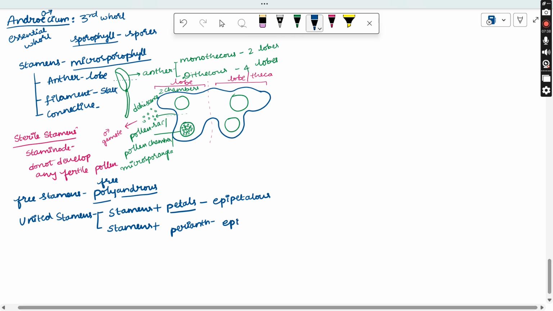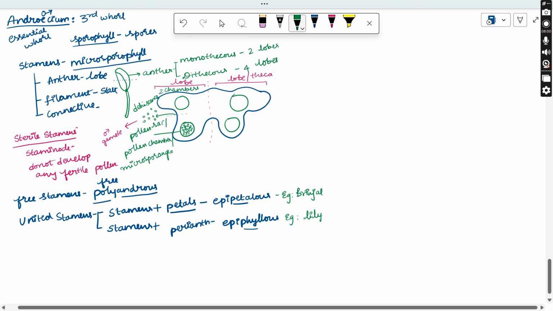That condition we call epiphyllous. So epipetalous with the petals, epiphyllous with the perianth. So there are the examples. You can find the epipetalous condition in the case of brinjal and the epiphyllous condition in the case of lily.